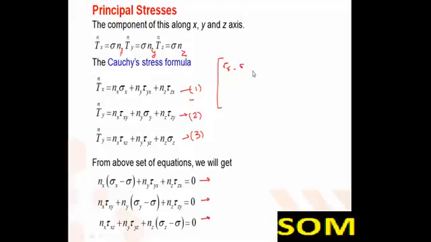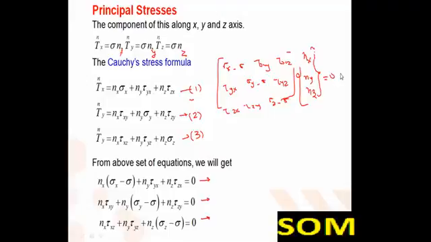the determinant of sigma x minus sigma, sigma y minus sigma, sigma z minus sigma, tau xy, tau xz, tau yx, tau yz, tau zx, tau zy, with the direction cosines, equal to 0.